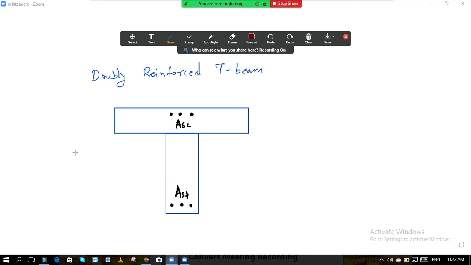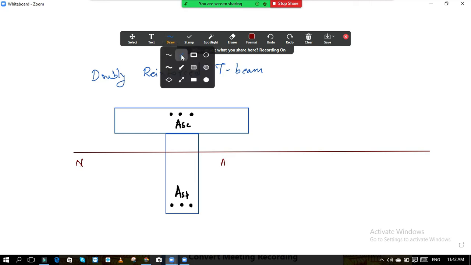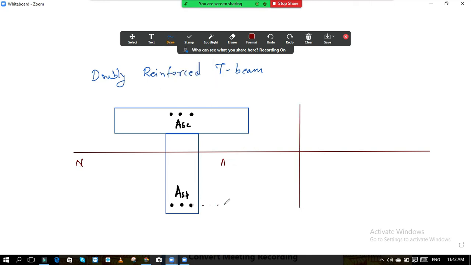This is our neutral axis, suppose. Now if I draw our stress distribution diagram, then it will be like this. At this level of steel, our tensile force will be there.